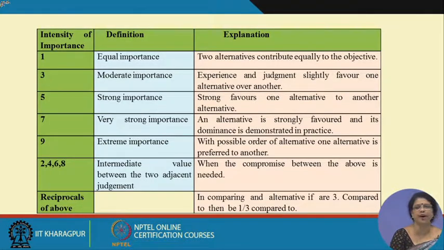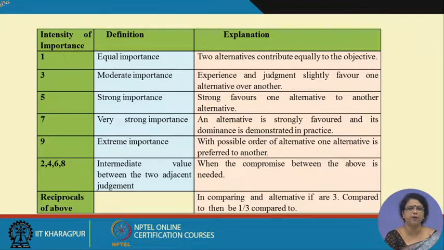The whole scale has been provided by Professor Shetty only. He has said you just ask everybody to give the option from 1 to 9, where 1 means this, 9 means this, and intermediate values mean this. And there is another option that has been given, the reciprocal. For example, A is strongly preferred to B, give the option as 5.